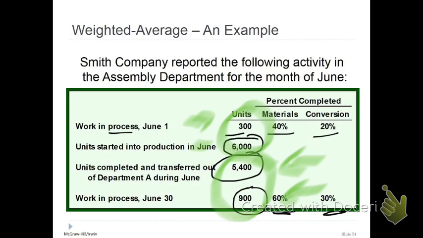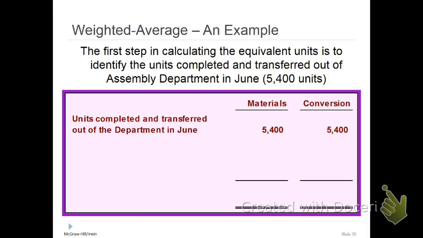Has to be. Notice the percentages here do not need to be the same. In fact, quite frequently they'll be different. Those percentages don't have to be the same, but the total amount of units that we're accounting for do have to match up. When we're figuring out weighted average, the amount that's transferred out is always transferred out, so they transferred out 5,400 units.